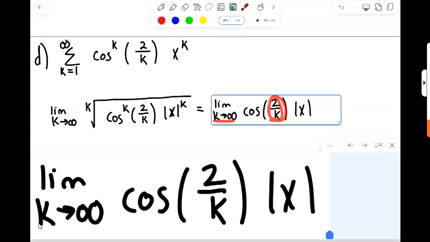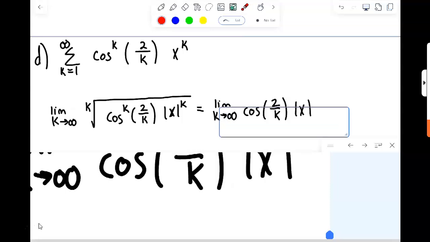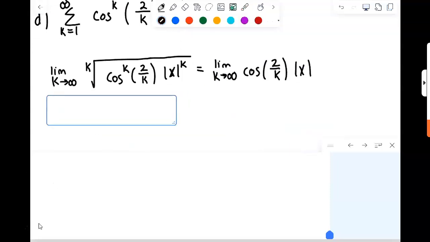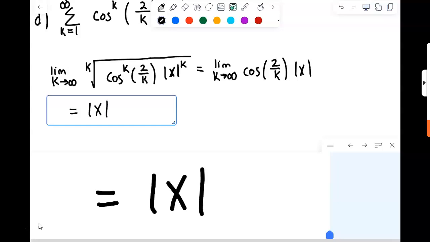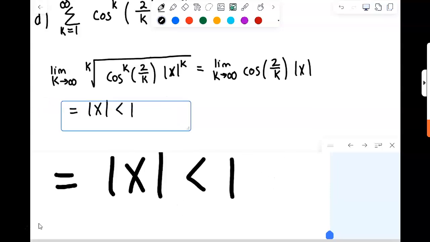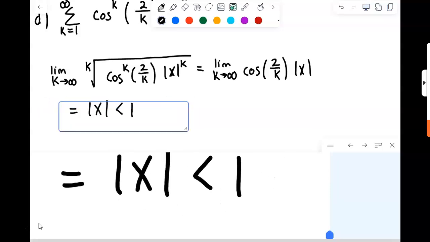That's going to 0, and cosine of 0 is 1. So cosine of 2 over k is going to go to 1. And so this would just be 1 times absolute value of x. And we know by the root test that for this to converge, that needs to be less than 1. So absolute value of x needs to be less than 1.